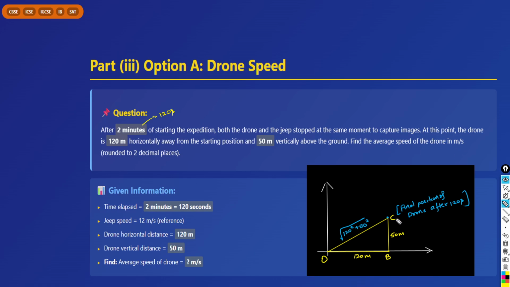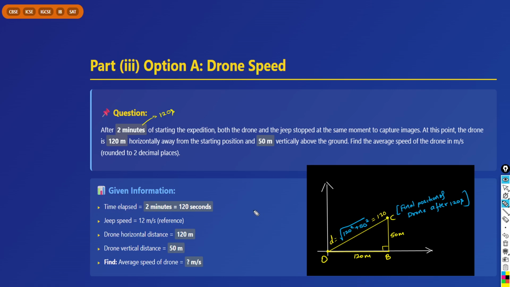Now I know the coordinates of point C, that is (120, 50). What would be the distance from O to C? Applying the distance formula, I get root of 120 square plus 50 square, or Pythagoras theorem, right? I can arrive at the distance of the drone from its initial point, which is 130 in this case.